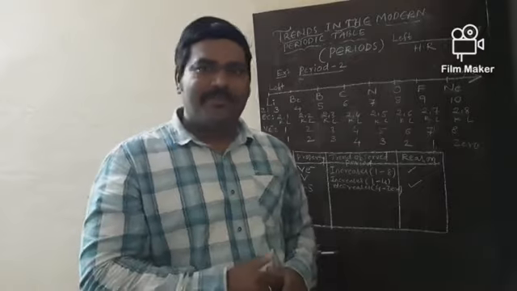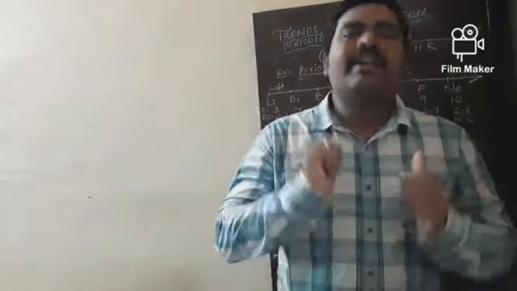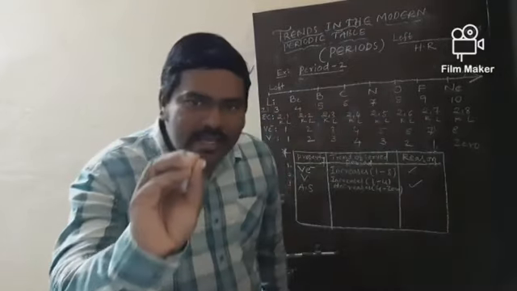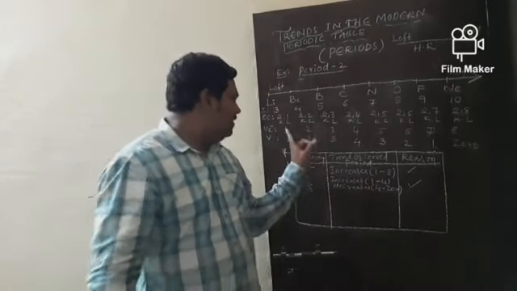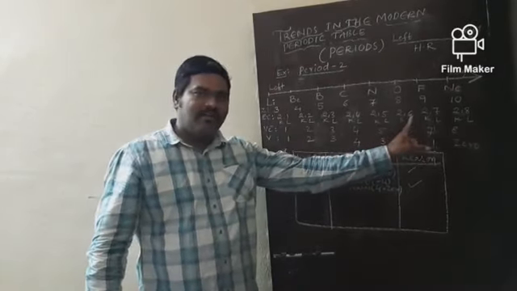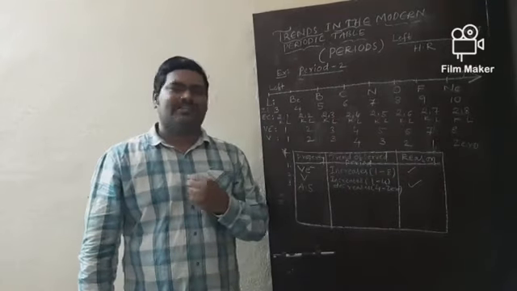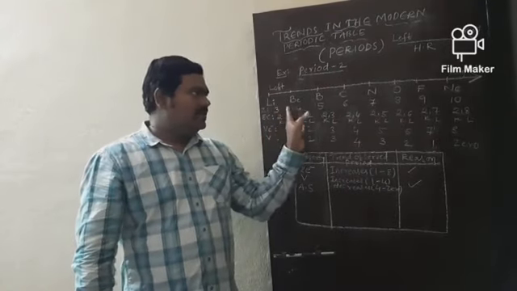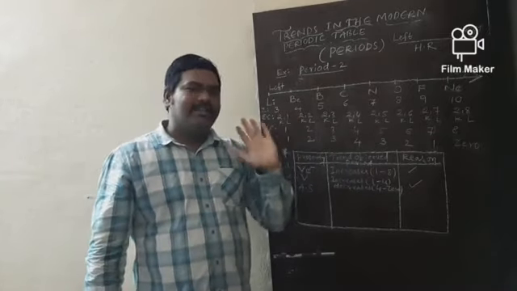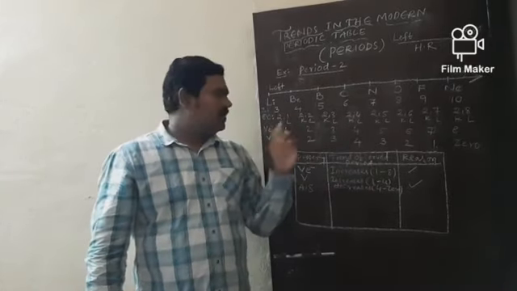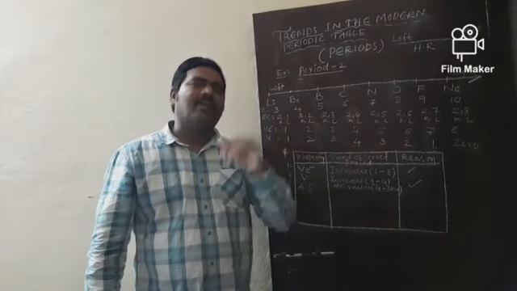If atomic number gradually increases, the proton number present in the nucleus also increases. Yes or no? If proton number increases, nuclear charge also increases. But still the number of shells remains the same, 2 shells, just K and L. Valence electrons increasing, protons increasing, nuclear charge increasing, but the number of shells is not increasing.